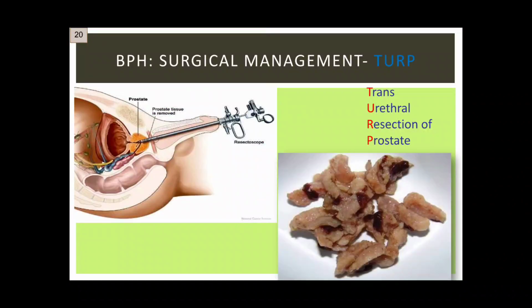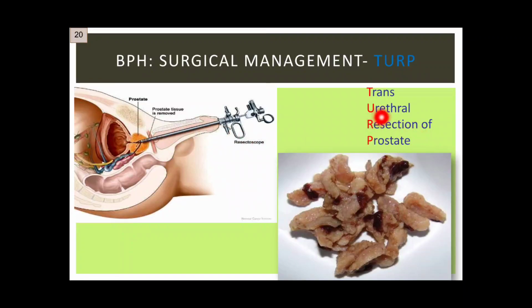Next is the surgical management. If the patient is not able to be treated by medical management, the surgeon will opt for surgical management. In surgical management, we do TURP, most commonly. It is transurethral resection of prostate. A resectoscope is passed through the urethra to reach the prostate, and chips of prostate are removed from the prostate, so that the prostate decreases in size and causes less compression of the prostatic urethra.